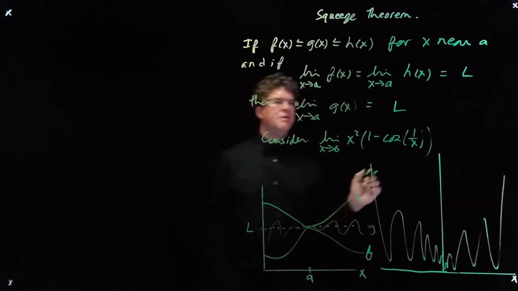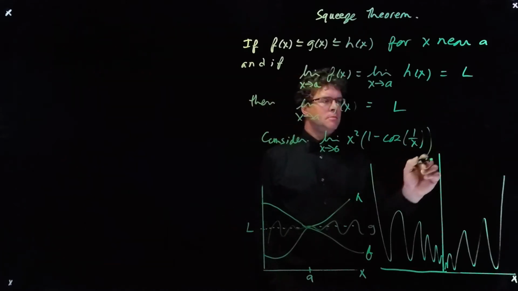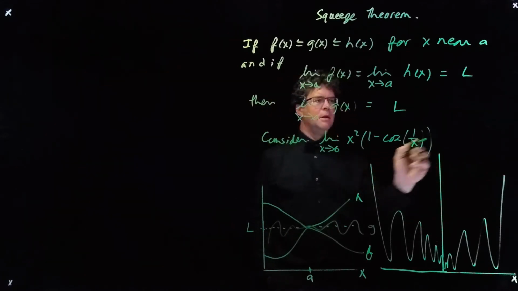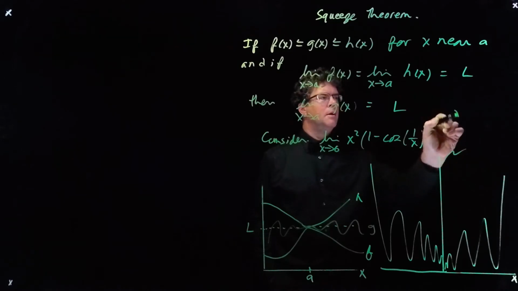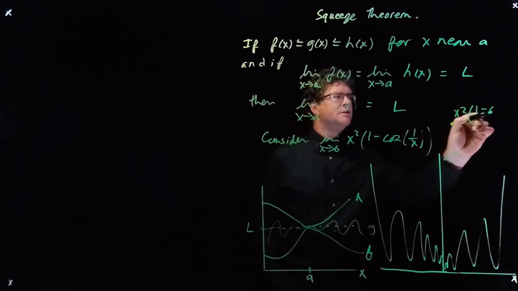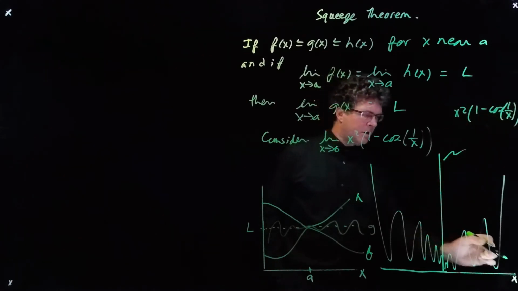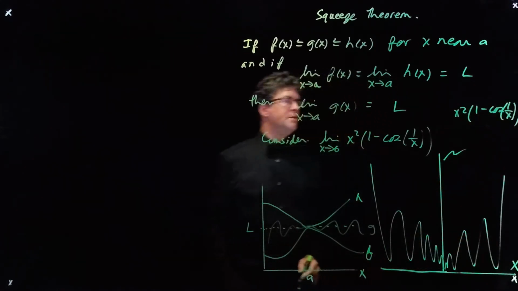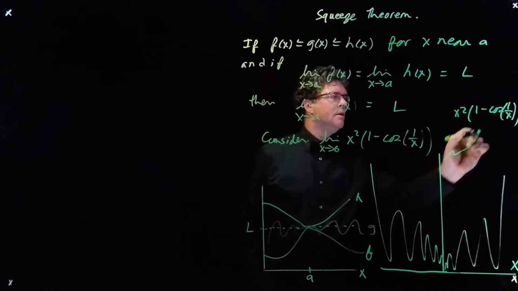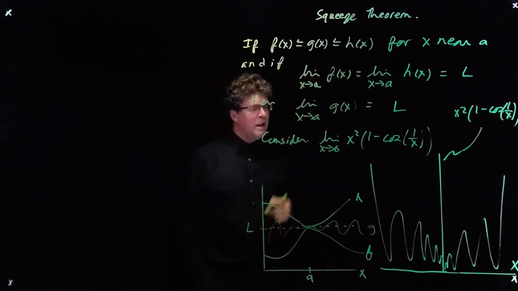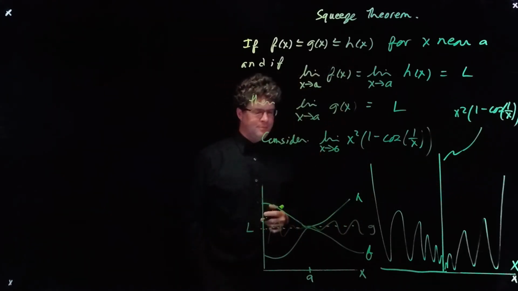And so this vertical axis is going to be x squared times 1 minus cosine 1 over x, and the horizontal axis is x. And so we'd like to be able to compute this limit.